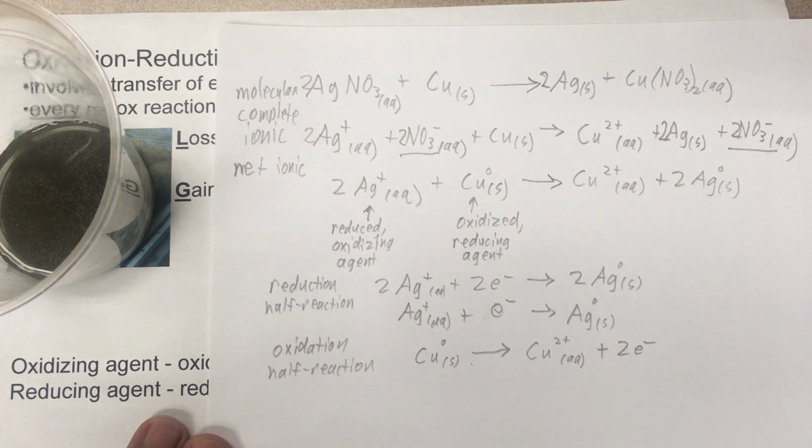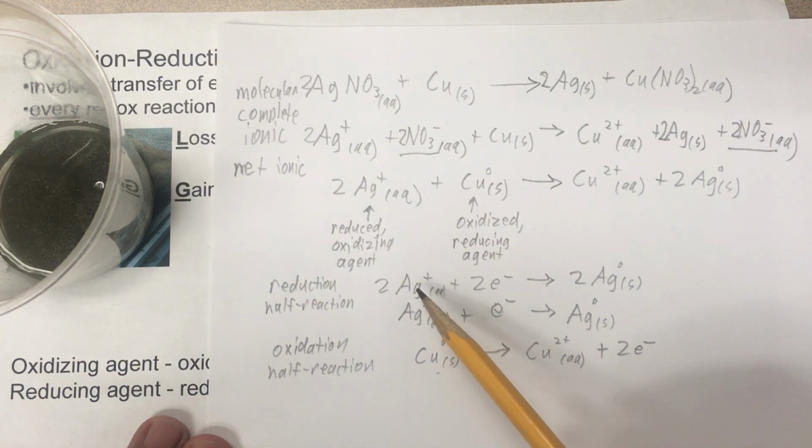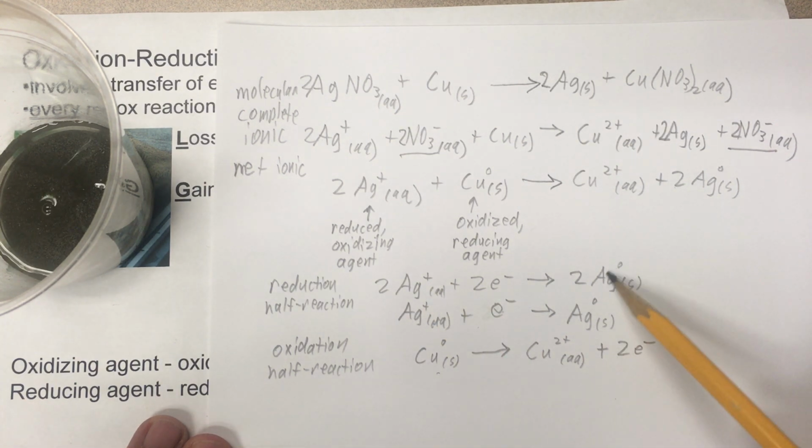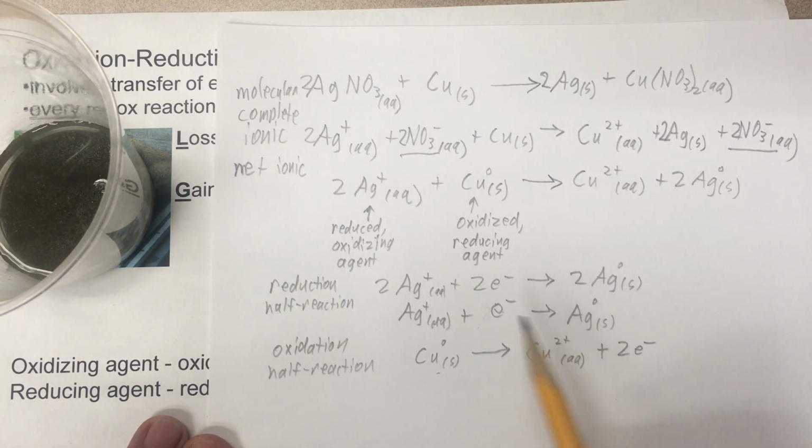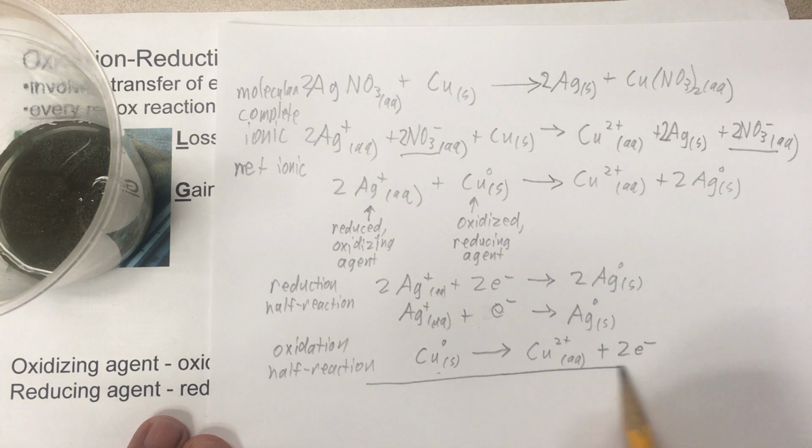But you can perhaps see that if I take this half reaction and this half reaction and add them together, that is, add together everything on the reactant side and everything on the product side, and I cancel out identical species on each side, which would be the 2 electrons on each side, I would go back to this reaction. So let me show you this.